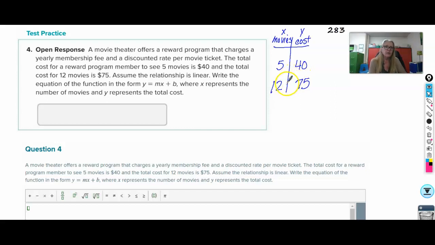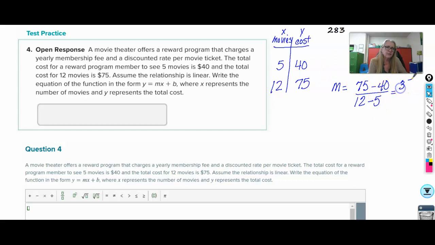I think we really want to use the slope formula again on this one to find out what the rate of change is. So this would be second y, this would be first y. So second y minus first y over second x minus first x.